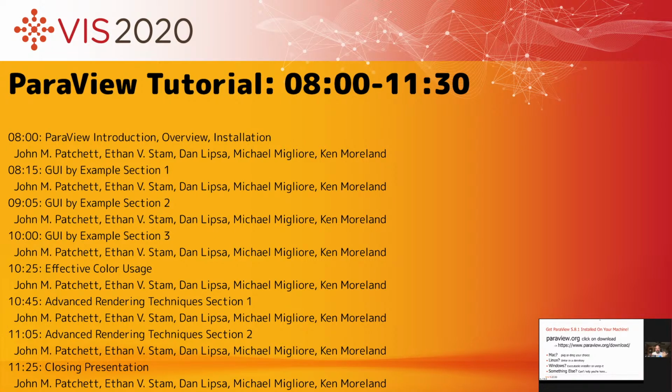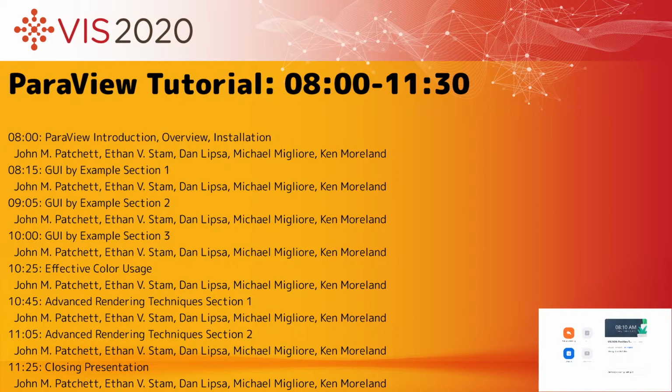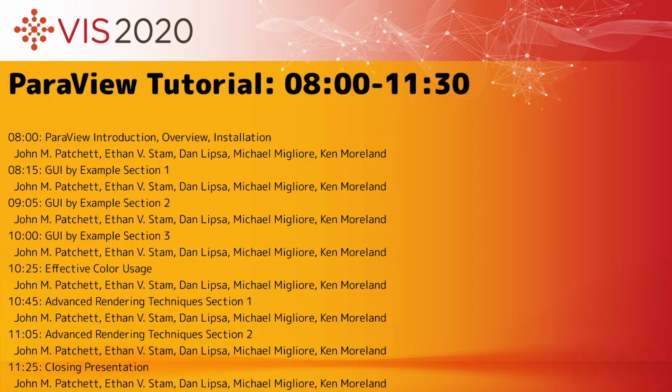Essentially, Mac, Linux, and Windows are supported. You can also go to GitHub and get the source and build it, which used to be how we always had to do it. But the binaries are excellent, and they come with some example data sets that you're going to want to have for the tutorial.